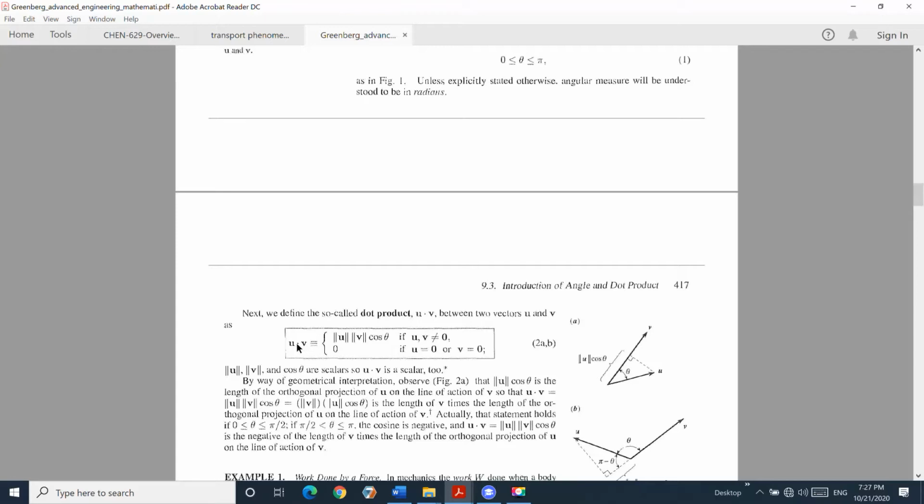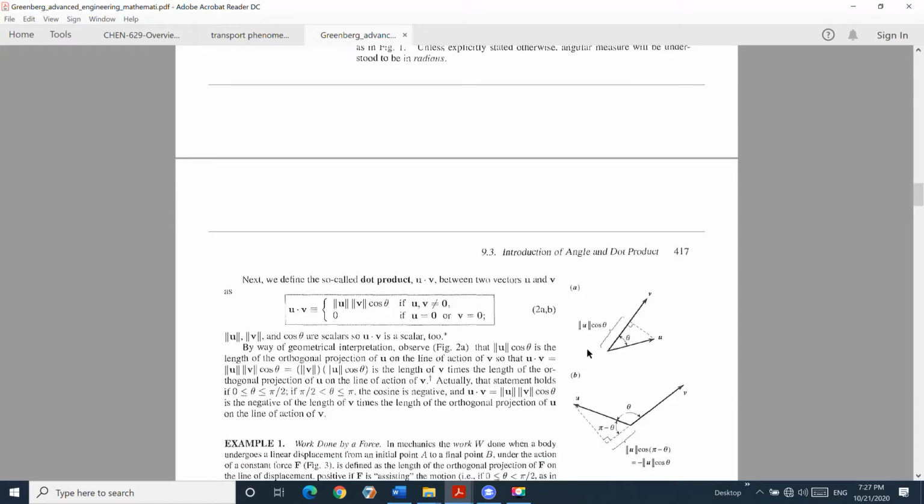The dot product between u and v is the length of u, the norm of u, multiplied by the norm of v and the cosine of theta, the angle between the two vectors. If u and v are nonzero; if u or v is 0, then it gives you a 0 result.